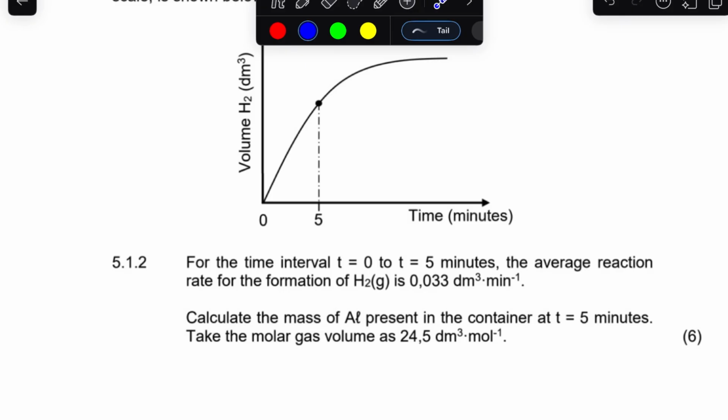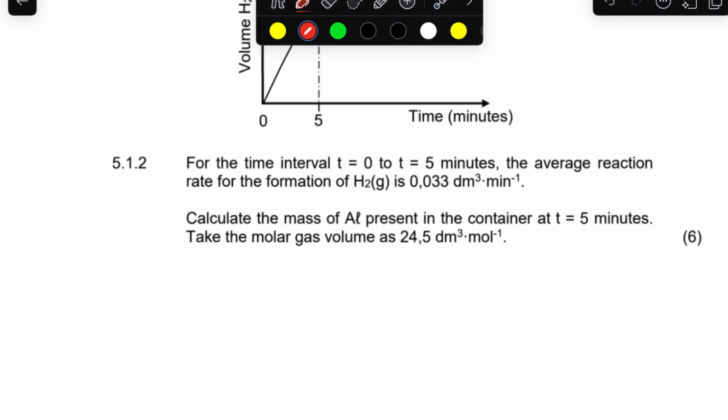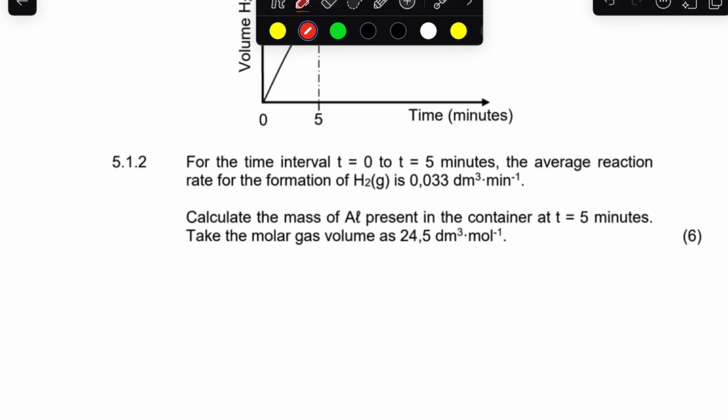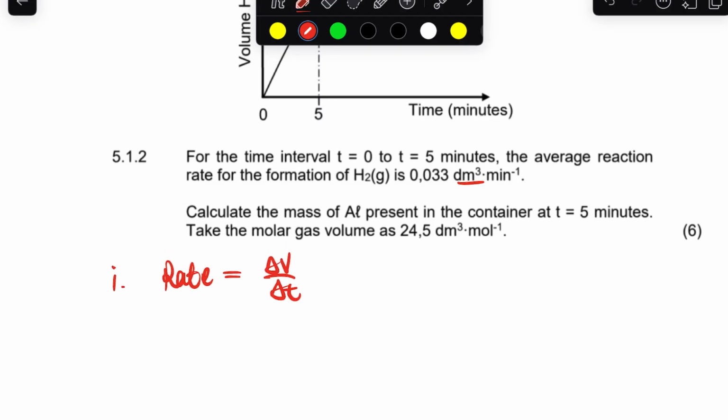So step number one, we are going to use the rate. Rate is equal to change in volume over change in time, right?